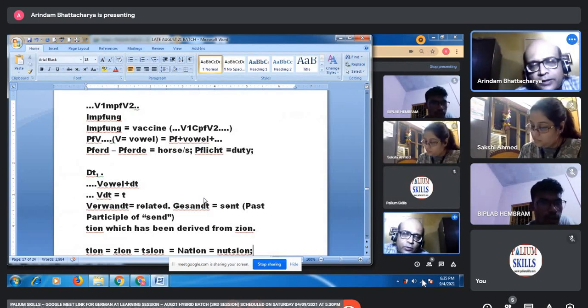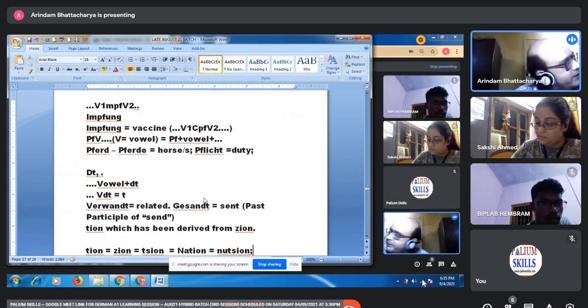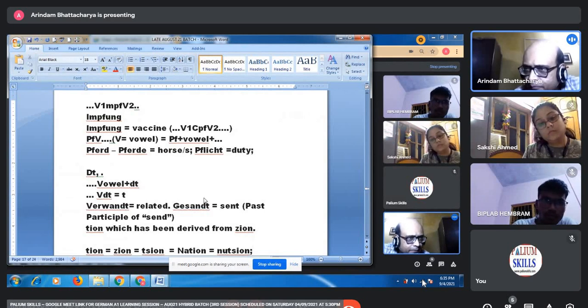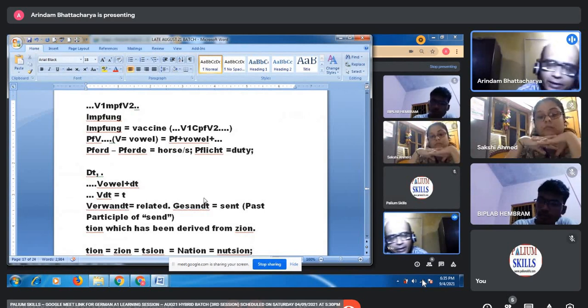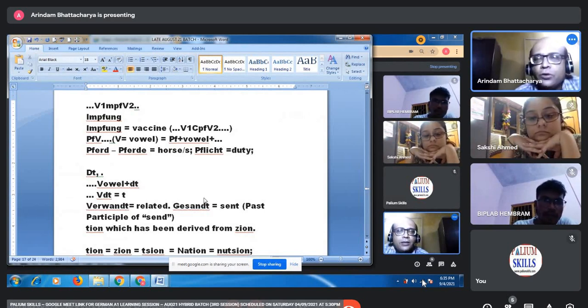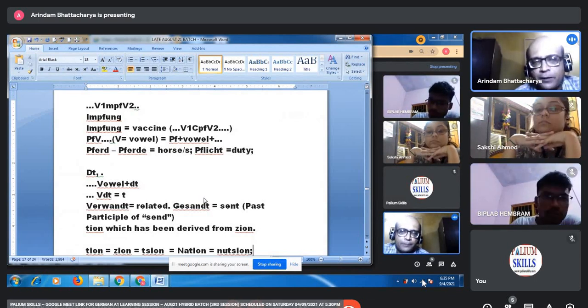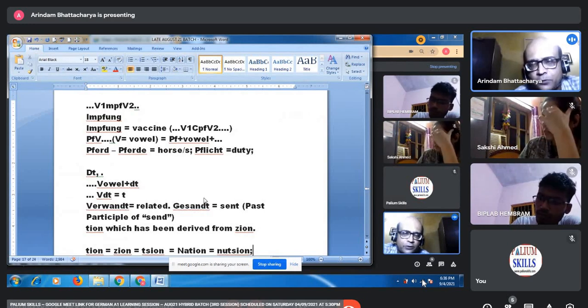In that case, the original word has ended with DT, and thereafter a suffix has been added. So the original word has to be pronounced like that, and the suffix is pronounced normally.